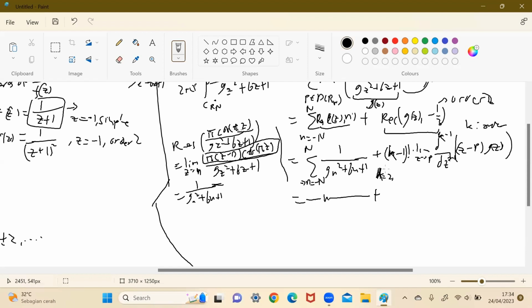Because the order of the pole is 2, and the pole is at negative 1/3, we're going to have 1 over (2 minus 1) factorial times the limit as z approaches negative 1/3 of the derivative of (z plus 1/3) squared times pi over 9 cot pi z.